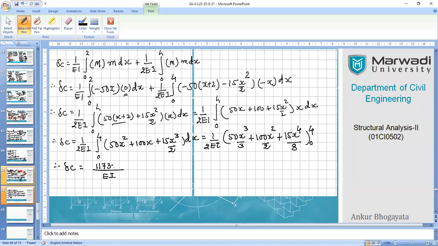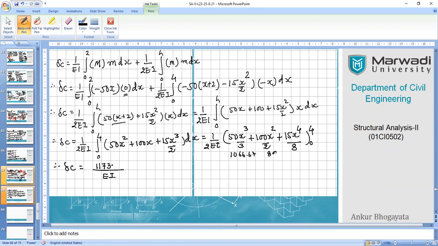Also, in parallel, let me check it. 4 cube, 50 by 3. Let's cross check. This gives you 1066.67. Is it okay? Then we have 4 square into 100 divided by 2. So it gives you 800.